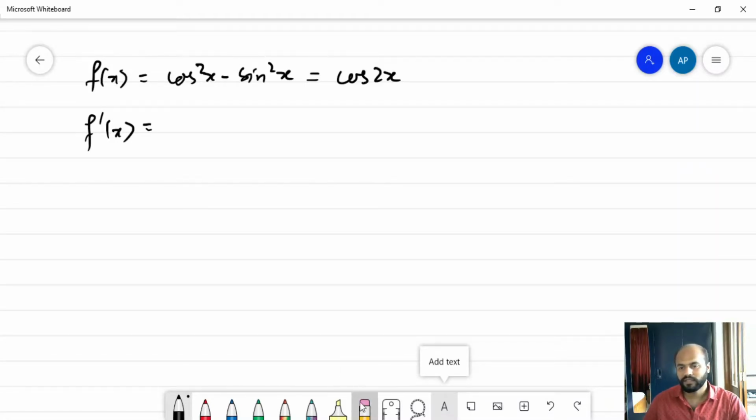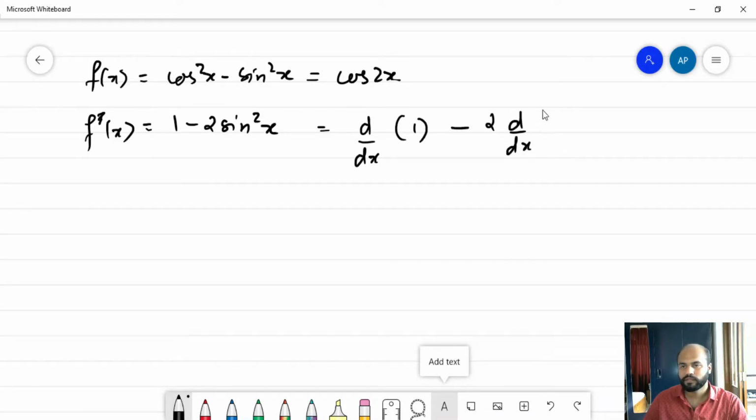Apart from that, a simple way to evaluate it would be taking the function as 1 minus 2 sin square x. Now you can clearly see that it is the derivative of 1 minus 2 times the derivative of sin square x.